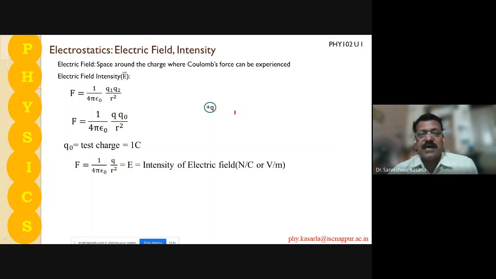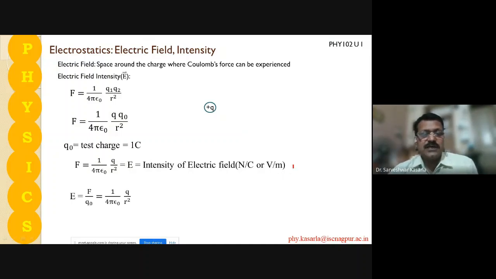So there is electric field surrounding this charge, and that can be measured at any distance, and at that particular distance, if you put a 1 coulomb charge, then the force experienced by that 1 coulomb charge is nothing but the intensity. It is also a vector quantity. Its unit is Newton per Coulomb or say volt per meter.